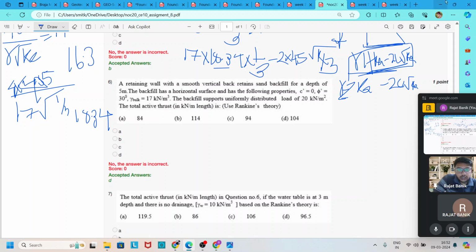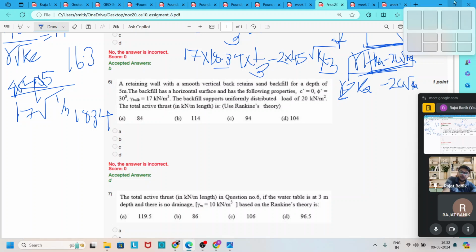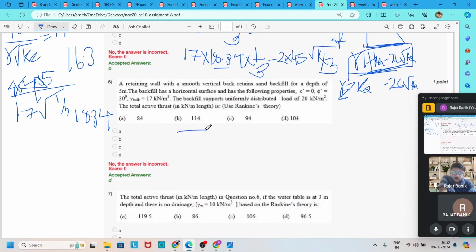First try to draw the pressure diagram for this condition. A retaining wall with a smooth vertical wall at a depth of 5 meter, so our retaining wall height is 5 meter. Phi is equal to 30 degrees, so we previously derived that K is equal to 1 by 3.